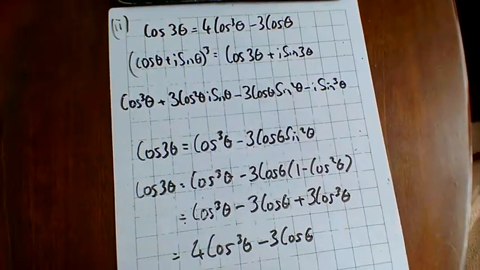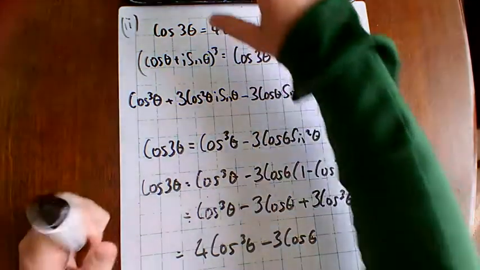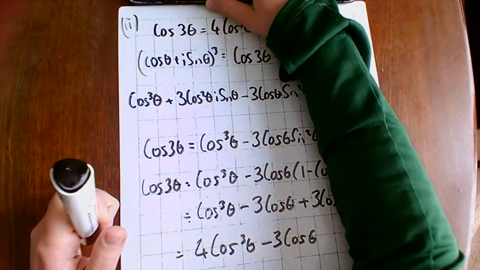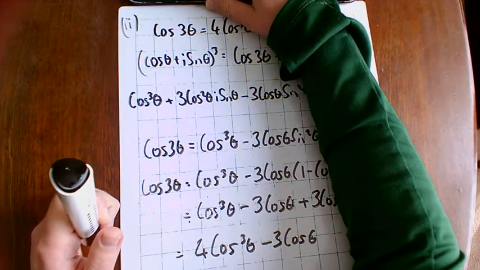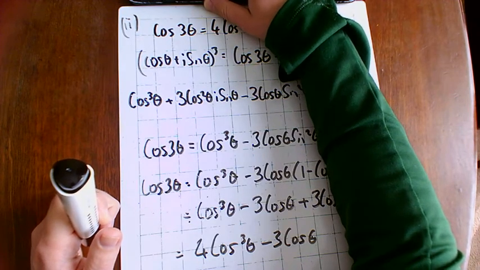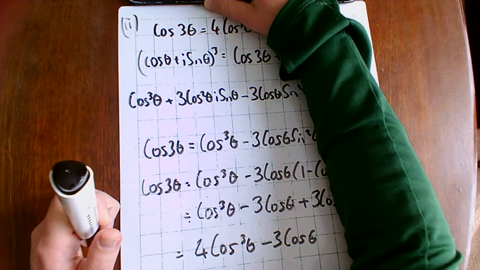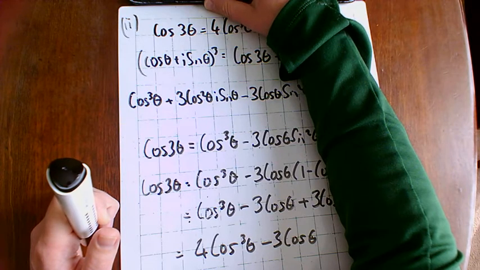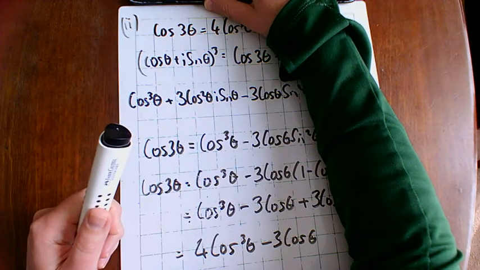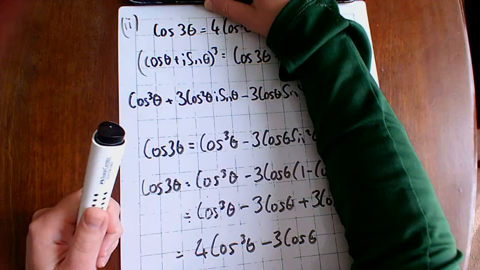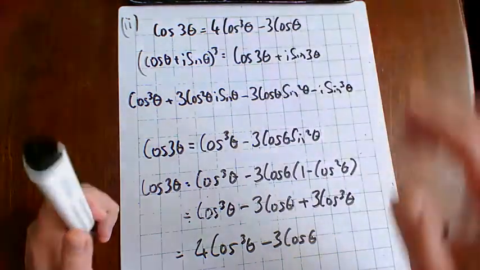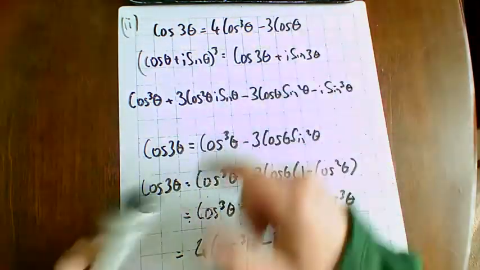Then the second part says, hence or otherwise prove the identity. When it says hence or otherwise, generally the easiest way is going to be using the previous part. So that's what you're asked to prove.